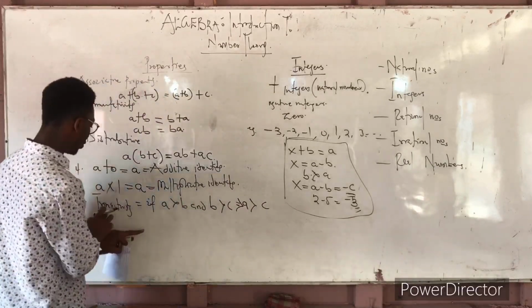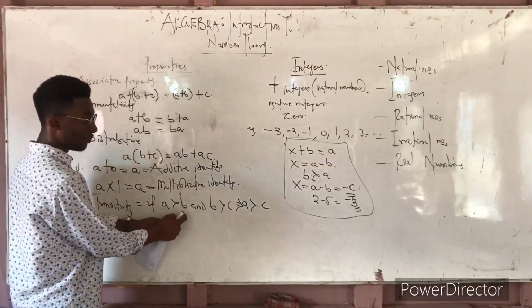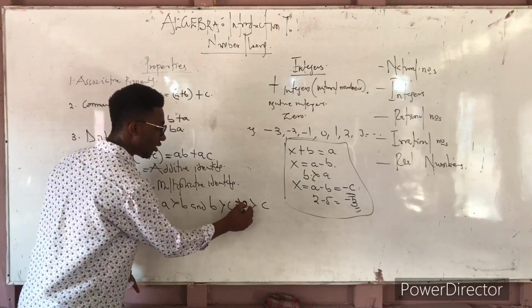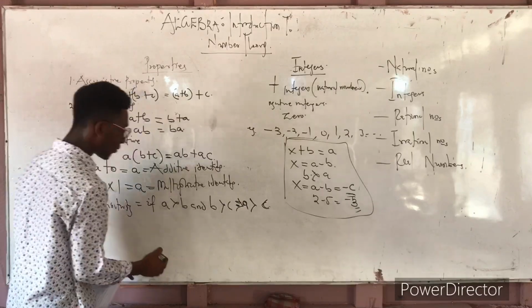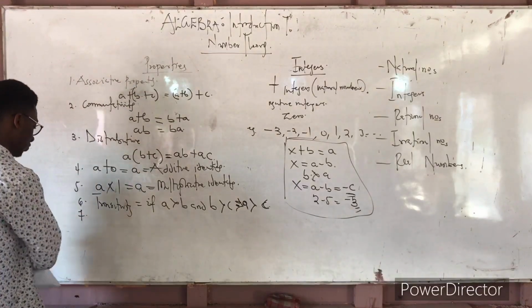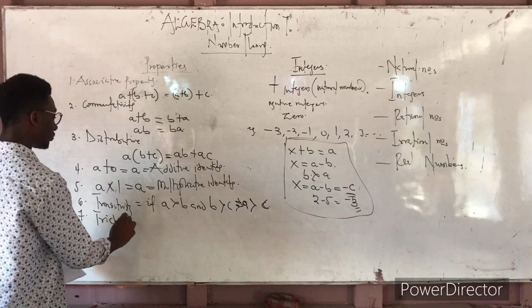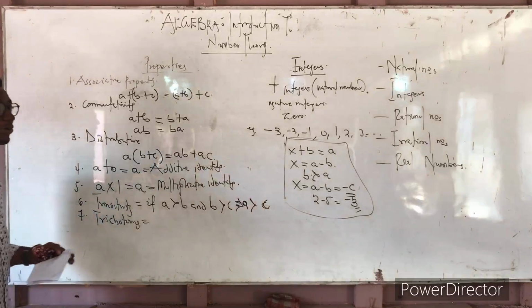So transitivity states that if a is greater than b and b is greater than c, then it implies that a is greater than c. The seventh property we're looking at is the trichotomy property.